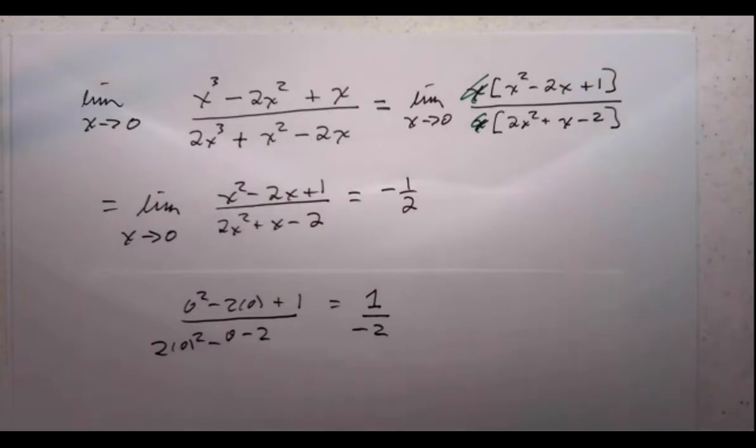So let's go ahead and take a look at this. And this time I think I'm going to go to Desmos. Let's draw a picture of this and we'll see what it looks like, and if our limit indeed is going to negative 1/2.